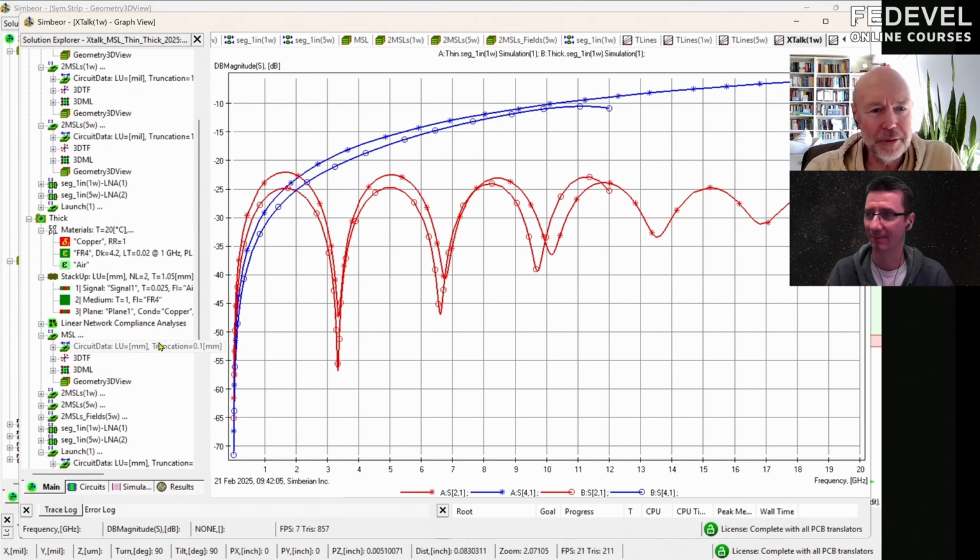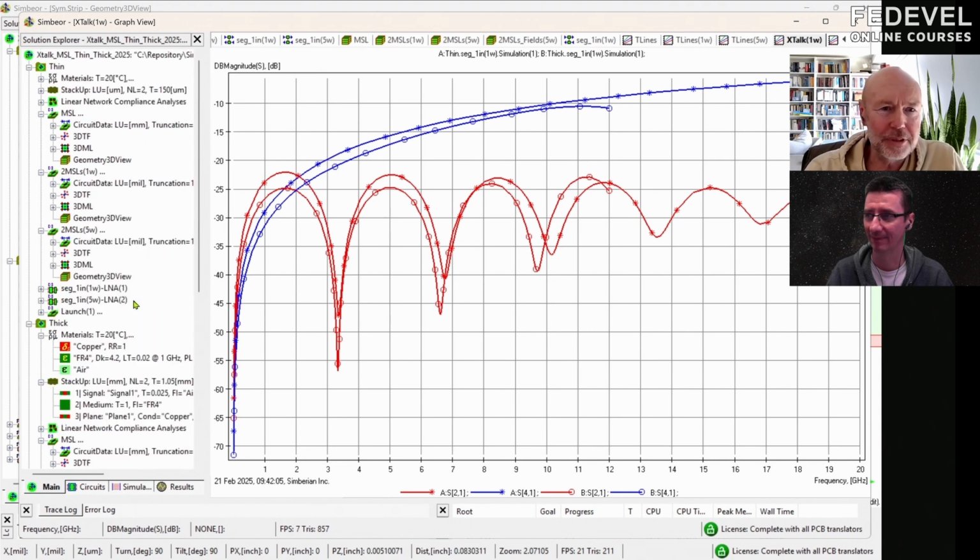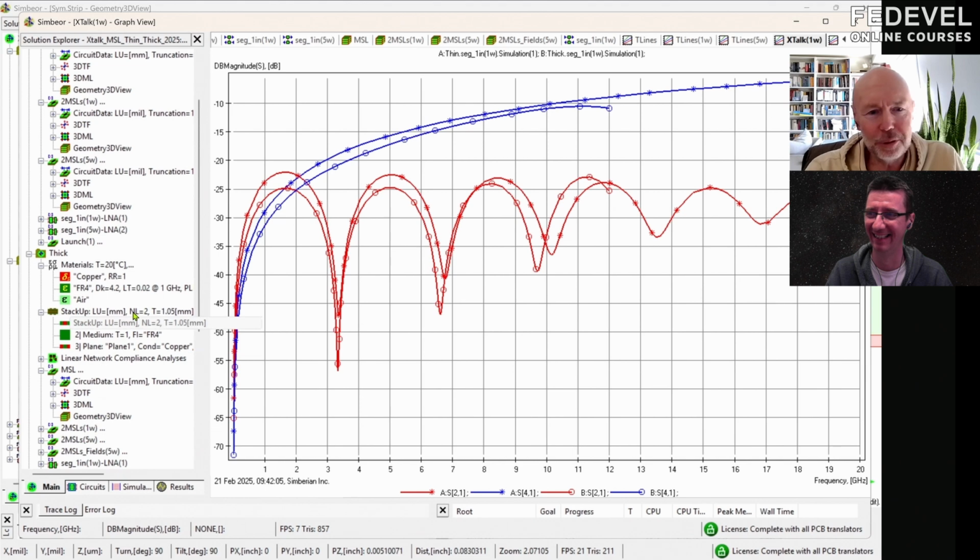You can see even my solution has sometimes micrometers, sometimes millimeters, and sometimes mils. I can convert everything to one unit, but then somebody else will not understand this. Yeah, it's fine.